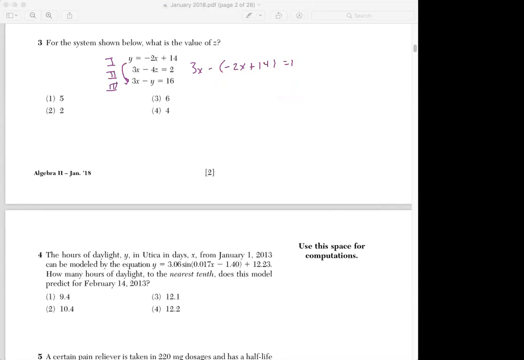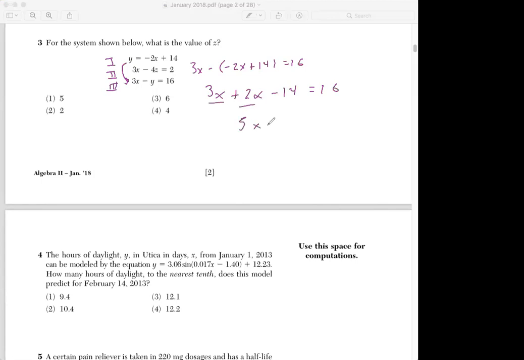Yeah, you could find the special equation, but it's easier if you just substitute it in for this specific one. I know we did this in class just the other day. So we get 3x minus negative 2x plus 14 equals 16. I added incorrectly.